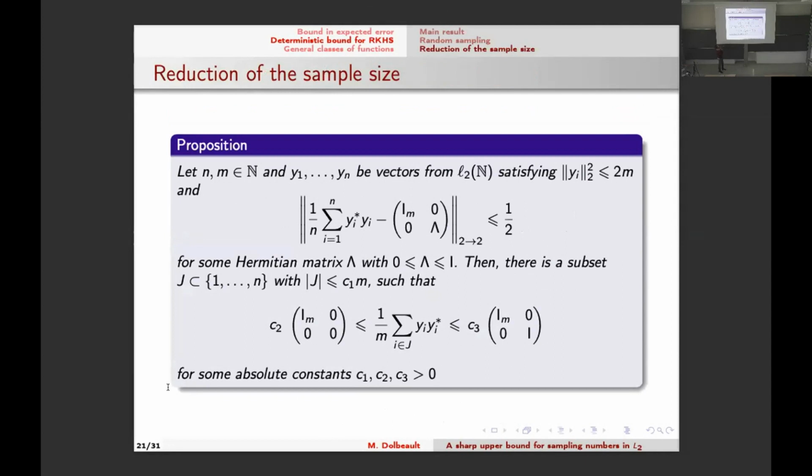Now, how to remove these log factors? In fact, I could have removed any factor I wanted. Why is that? Because if I have a sum of rank-one matrices that is bounded above by the identity and below by anything between 0 and the identity, and what's important is that these could be infinite matrices, then I can subsample my sum in order to preserve these bounds.